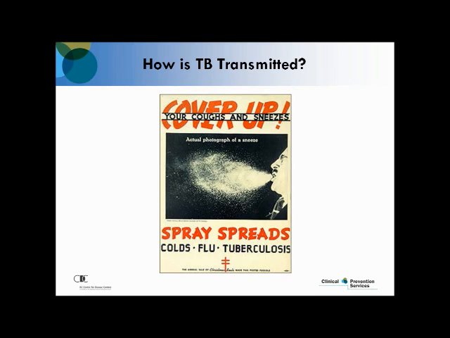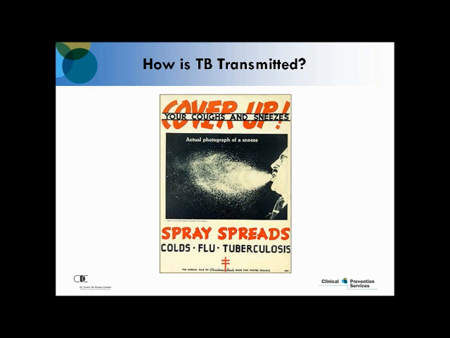How is TB transmitted? As we mentioned earlier, TB is transmitted almost exclusively through the airborne route. The risk of transmission depends on the concentration of airborne particles in the air. Transmission is more likely to occur when there's a higher concentration of MTB in the air.